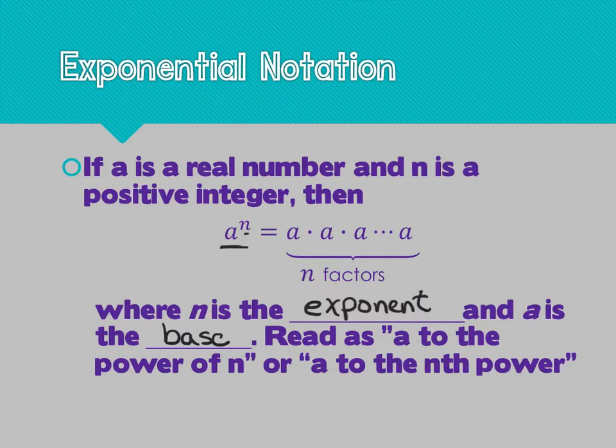This is read as a to the power of n, or a to the nth power. Pretty good? Now, if I go too fast and you still need the slide, just let me know and I'll go back.